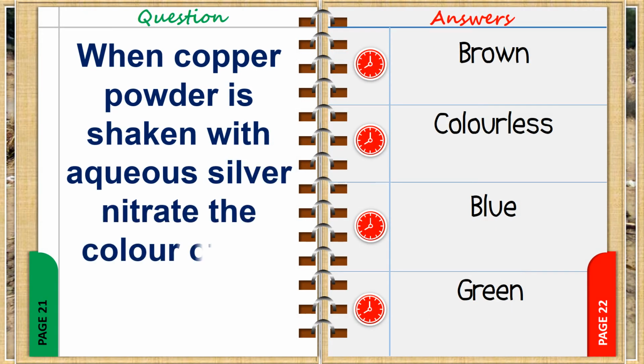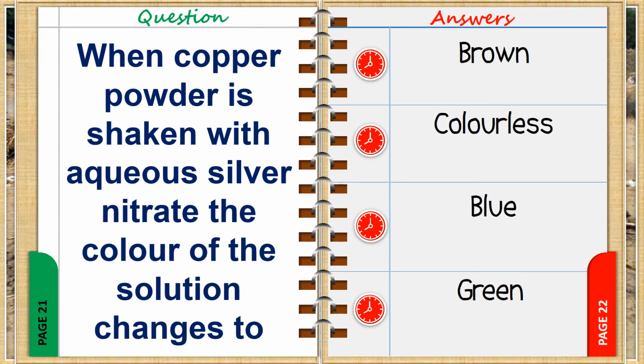When copper powder is shaken with aqueous silver nitrate, the color of the solution changes to blue.